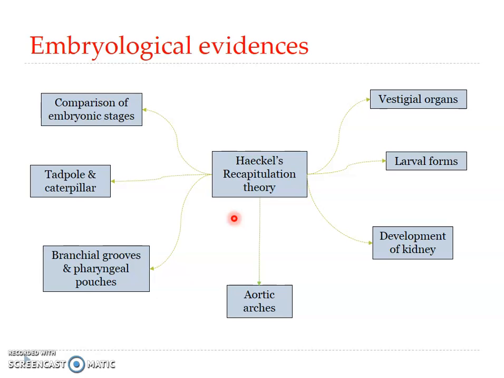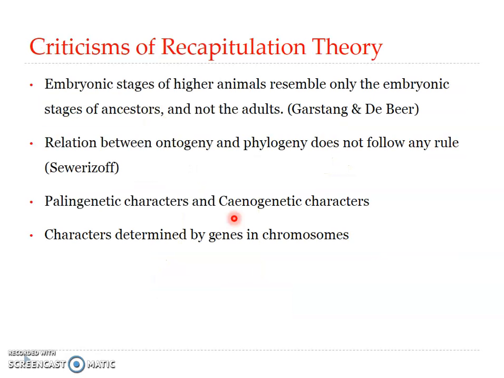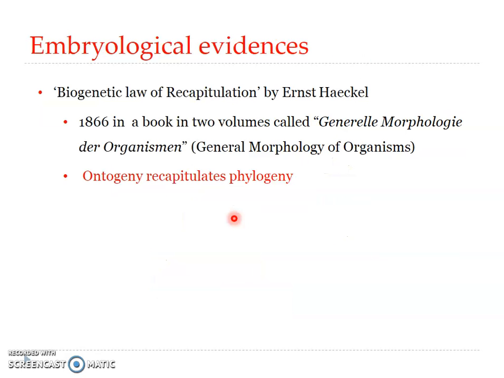So here, the different stages in the development of an organism from zygote to adult is known as the ontogeny. Okay, that is where we are looking. So the biogenetic law of recapitulation, or simply the theory of recapitulation, was actually by Ernst Haeckel.